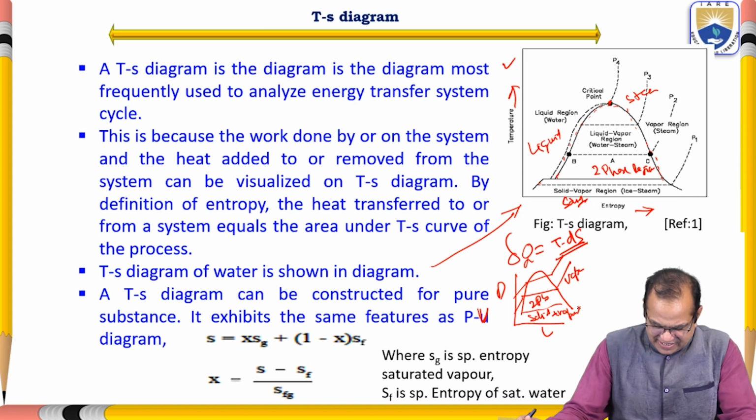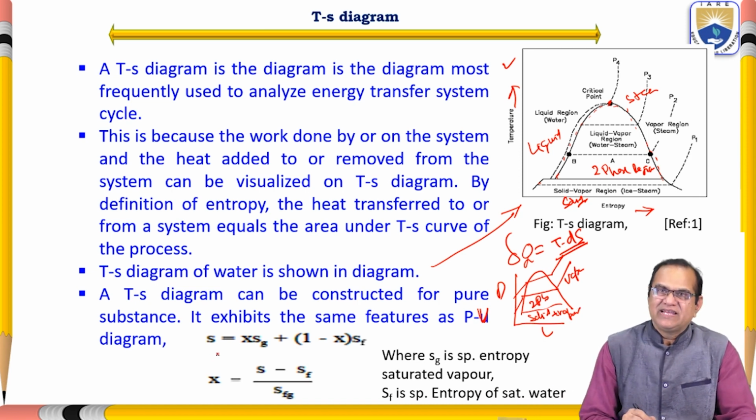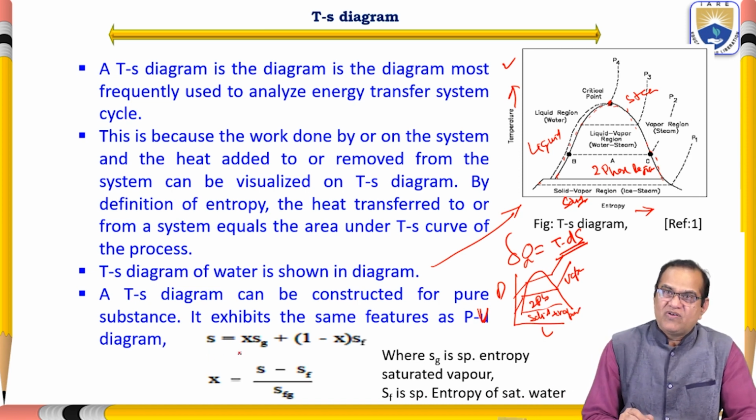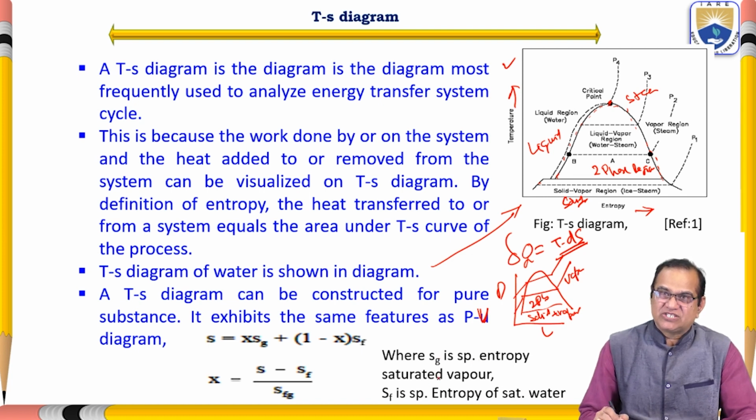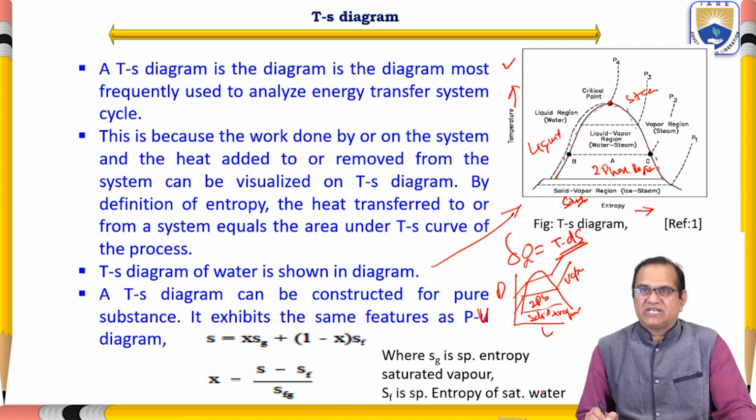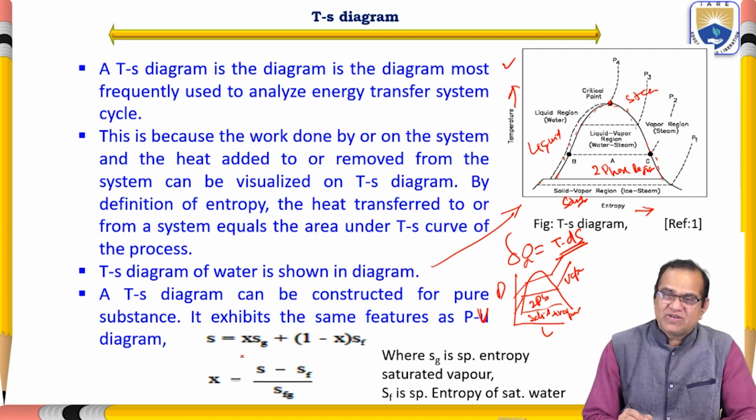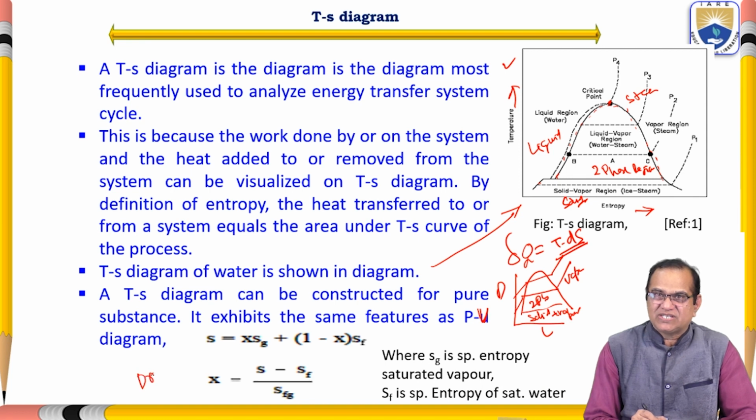So we have seen previously also that the entropy is a function of the dryness fraction X: S equals X into Sg, where g stands for gaseous or the vapor, plus (1 minus X) Sf. Sg is the specific entropy for the saturated vapor, and Sf is the specific entropy of saturated water. So this X we can find out, and this is called the dryness fraction.